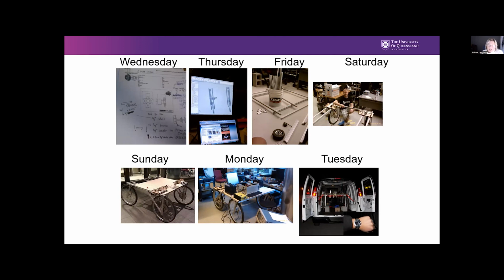This is actually the Carrot Bot. You can see here that on the Wednesday they started doing drawings of what they're going to construct. By Saturday, they've started putting together a build based on diagrams. By Tuesday, they're able to actually go out into the field and potentially launch.